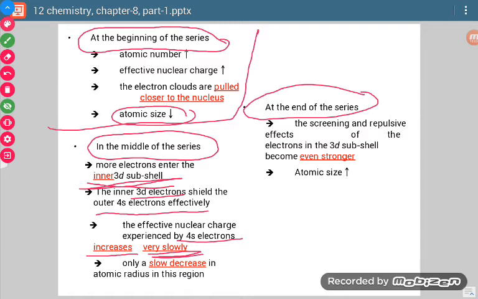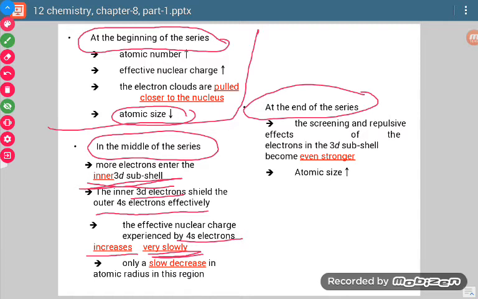So when the number of electrons increases in the 3d shell, the effective nuclear charge experienced by the 4s electrons increases, but the increase is little less. Why? Because the number of electrons has increased. The inner electrons act as a screen or shield. When the number is less, they are not such a strong shield.